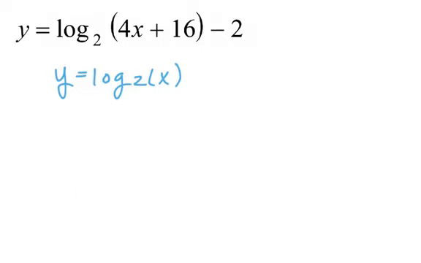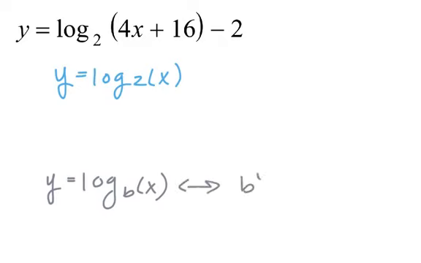So we need to use the property of logs that says, y equals log base b of x is the same as b to the y equals x, to rewrite this as an exponential function. Because once it's an exponential function, we can actually input values and evaluate it.